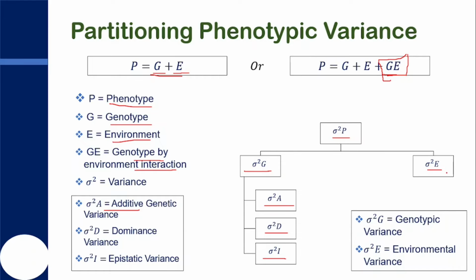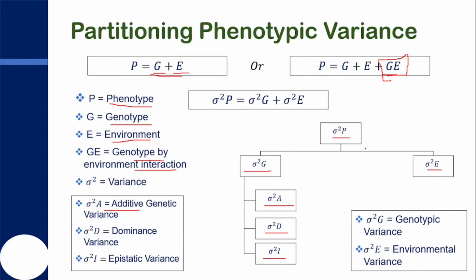And the environmental variance can also be further divided into two types, which are permanent environmental variance and temporary environmental variance. But in most cases these environmental variances are considered in this sigma square E, and we don't partition this environmental variance into its components because it is very difficult to measure.